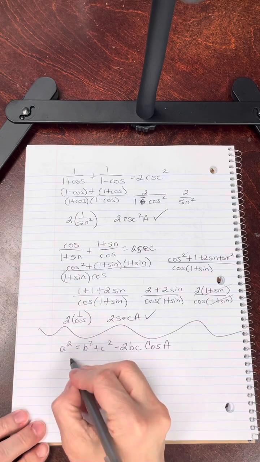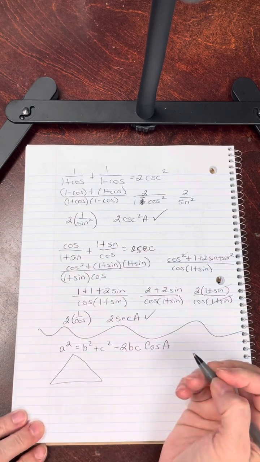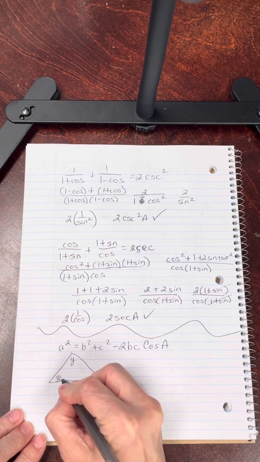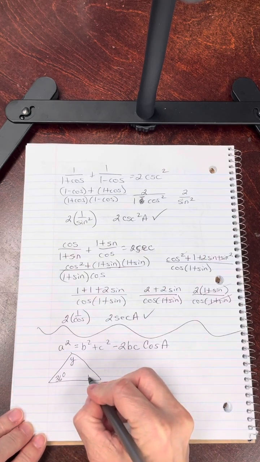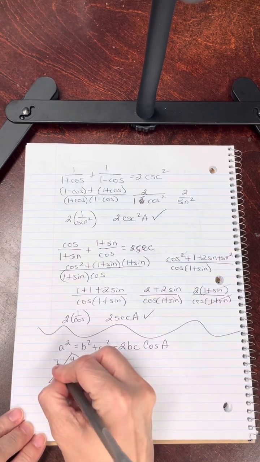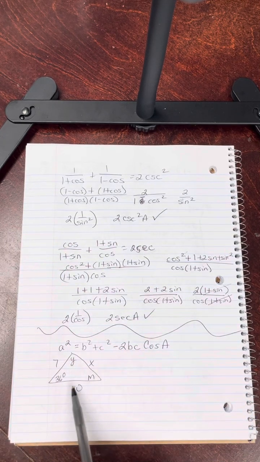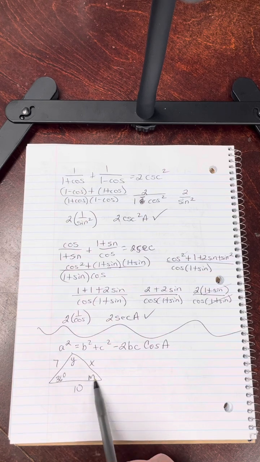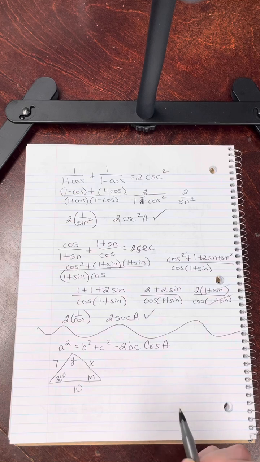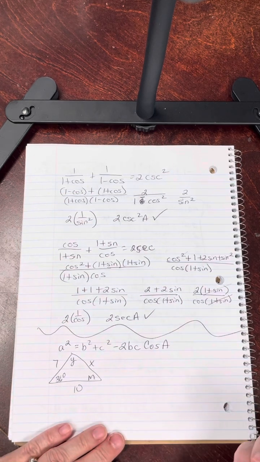In example 1, they give us a triangle. This is y, 36 degrees, m, 10, x and 7. So I have a y and a 10, a 36 and an x, a 7 and an m. I do not have a set where I know the opposite pair of two different numbers, so we're going to have to do law of cosines.